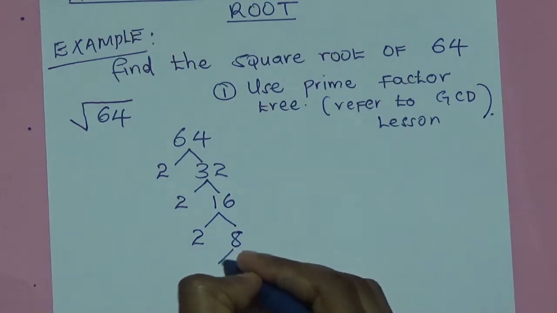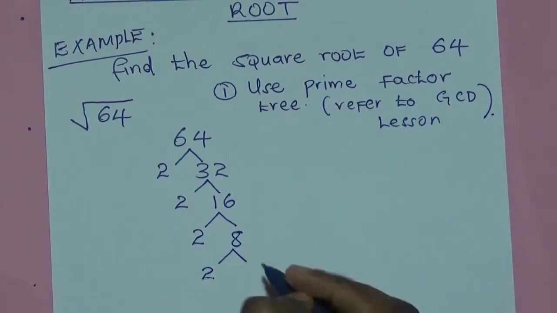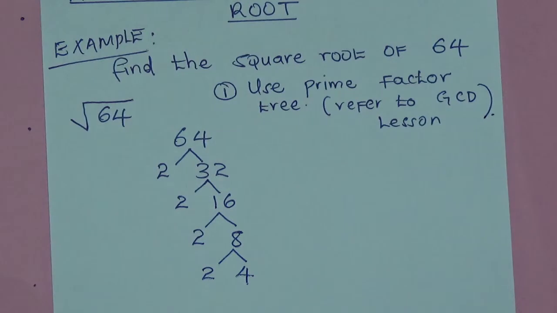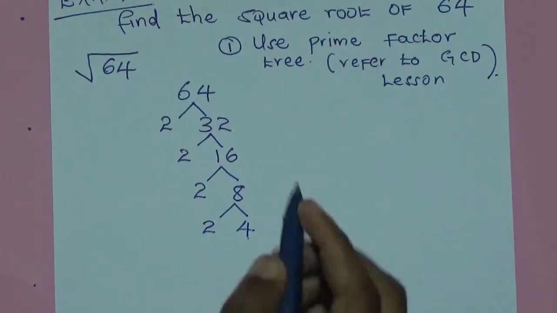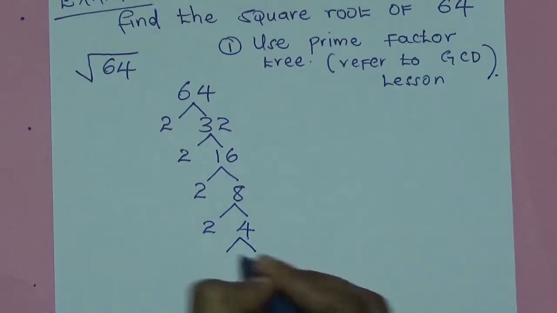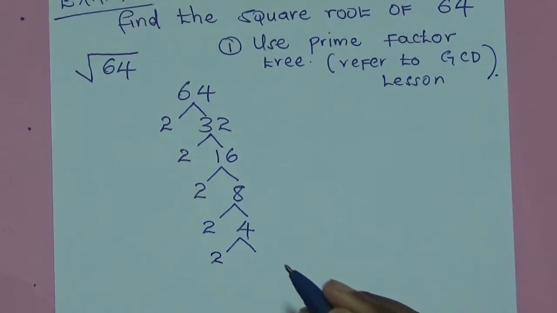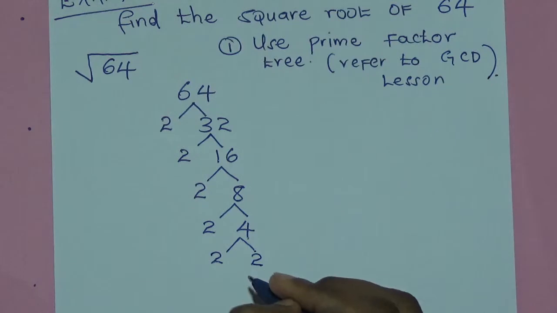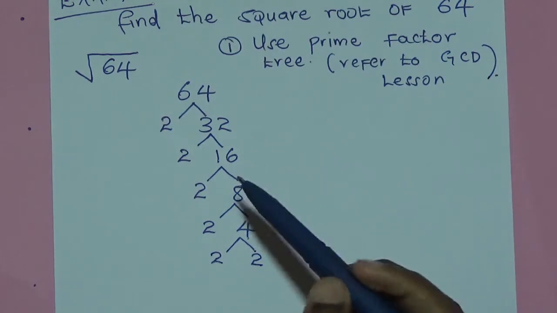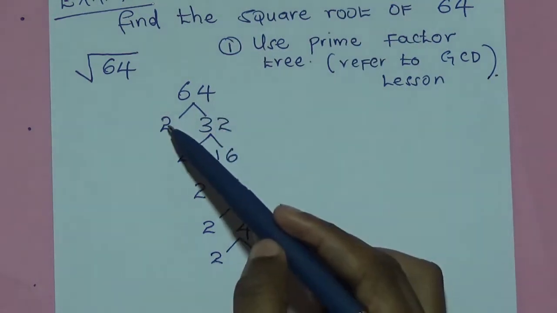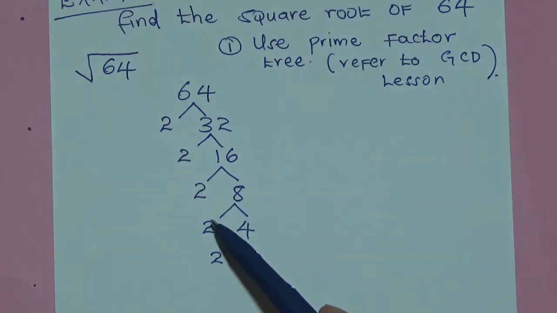8 can still be divided by 2 again. We are left with 4. And finally, 4 can still be divided by 2 again, and we are left with 2. Now, we cannot divide further. So, the prime factors of 64 are 2 times 2 times 2 times 2 times 2 times 2.